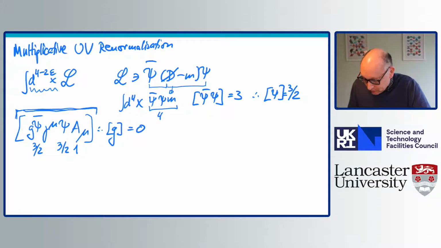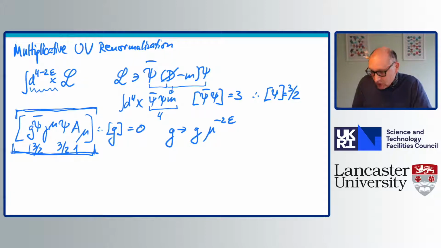The easy way of doing this is to introduce a mass scale in the coupling, such that g, when we change the dimension of space-time, goes to g mu to the power epsilon. That would ensure that this whole term stays with 0 mass dimension once integrated over space-time.